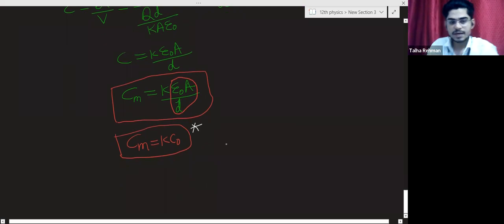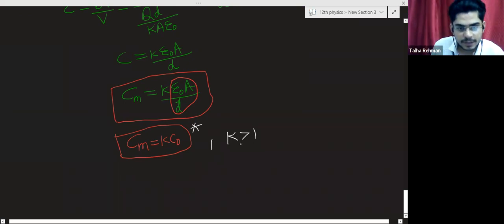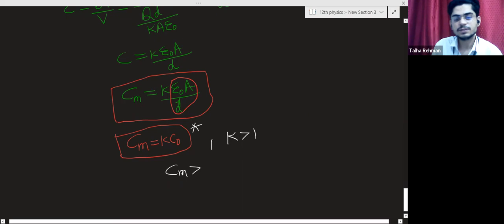So Hamza, here K is always greater than or equal to 1. K is equal to 1 for air. So if K is greater than 1, then Cm must be greater than C naught.